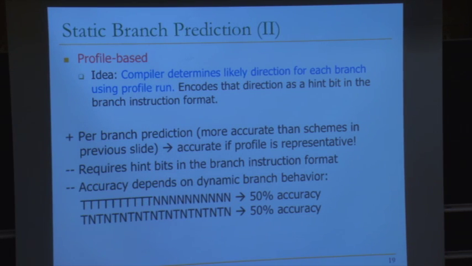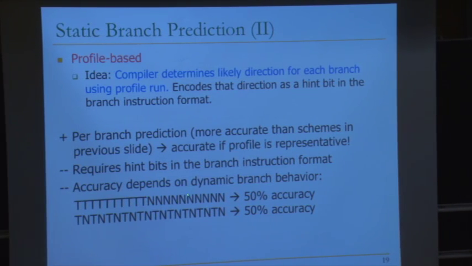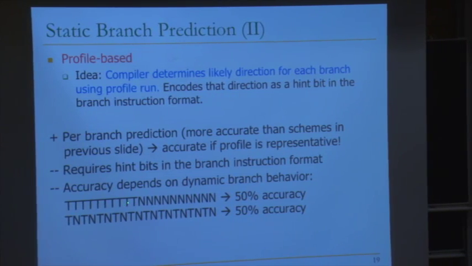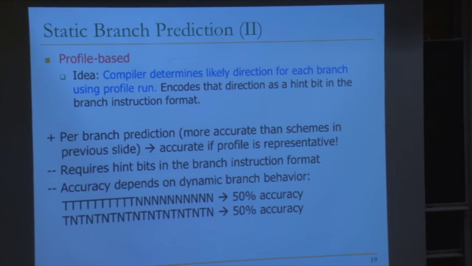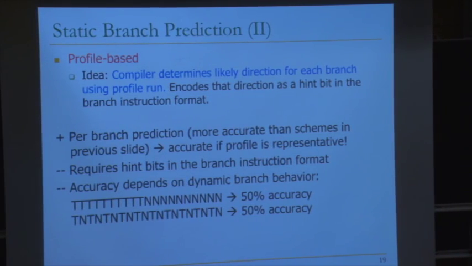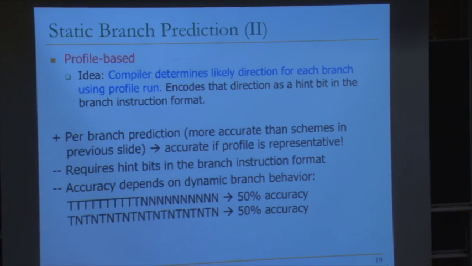I believe there are 10 of these. It doesn't matter. You have some number of takens and the same number of not takens after that. Regardless of how the compiler encodes this hint bit, you'll get 50% accuracy for this branch, right? Whether or not the compiler says likely taken or likely not taken.